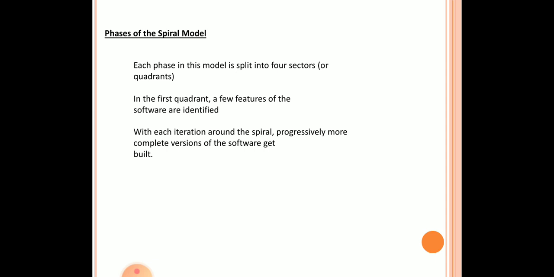We then investigate, elaborate and analyze the objective of the phase, and the risks involved in meeting the phase objectives are identified. Also, alternative solutions possible for the phase under consideration are proposed.